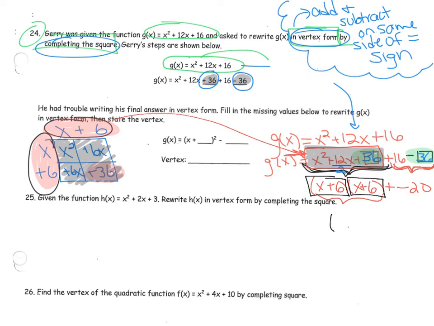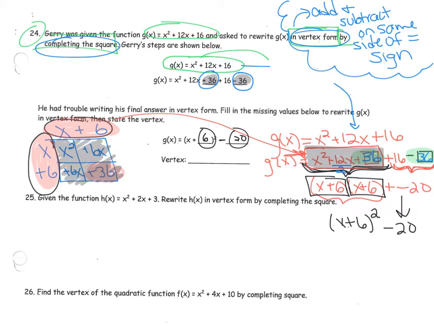So remember, I can write this as x plus 6 squared. And now bring down the minus 20. This is in vertex form, guys. What's missing here and here, okay, that's our x plus 6 and our minus 20. And I already have that minus here in the middle.